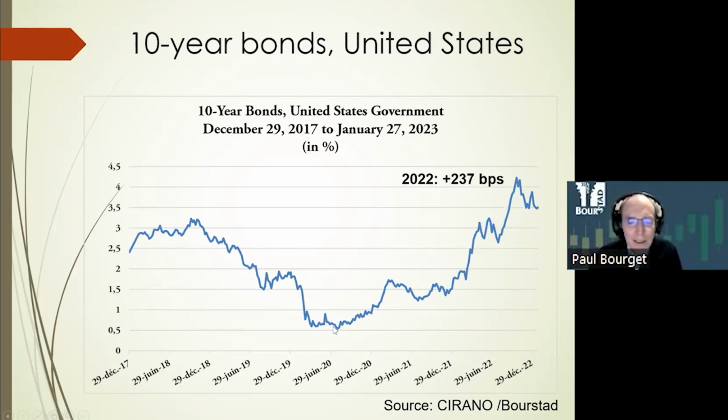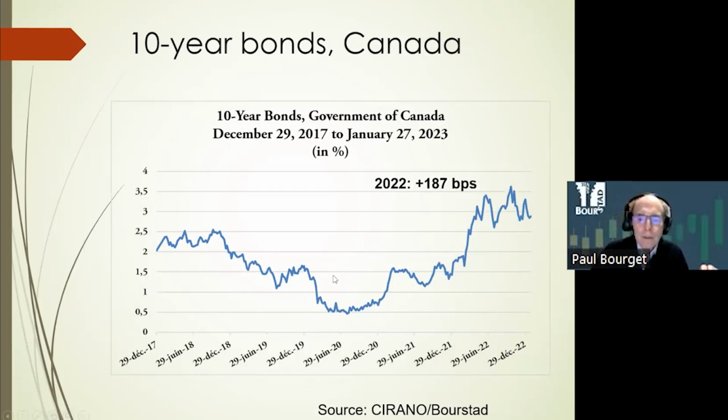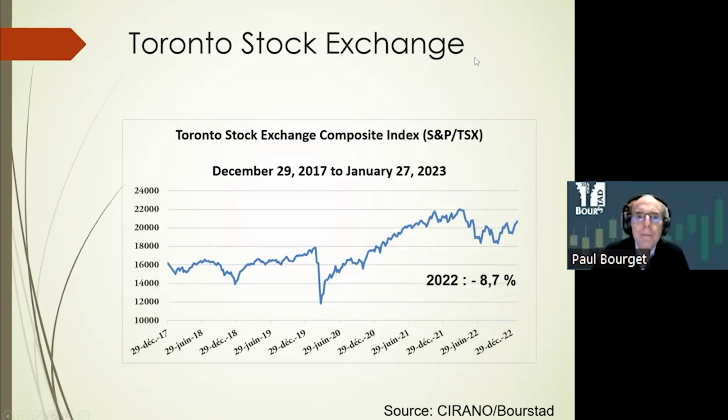They started at half a percentage point, and they ended over 4%. The Canadian bond followed the same pattern. You had half a percentage point by June 2020, and we saw it over 3.5 last year.